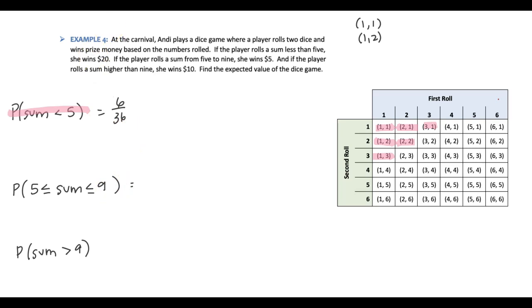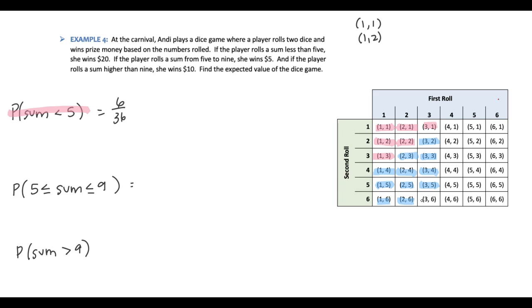Let's highlight and calculate the probability that the sum is between 5 and 9, including the sum of 5 and the sum of 9. So highlighting in blue, roll of 1, 4, 1, 5, 1, 6, 2, 3, 2, 4, 2, 5, and 2, 6, 3, 2, 3, 3, 3, 4, 3, 5.